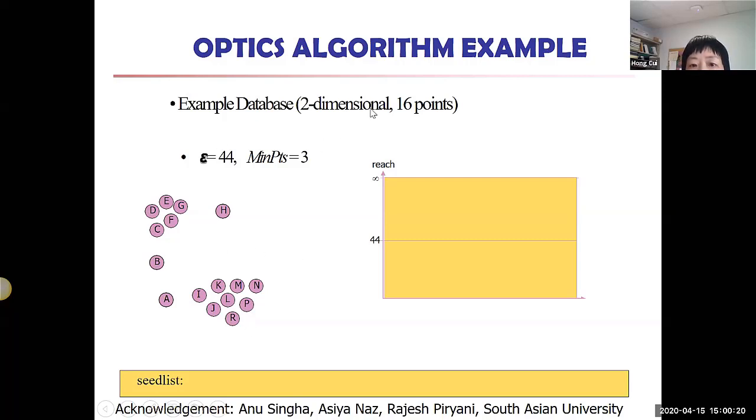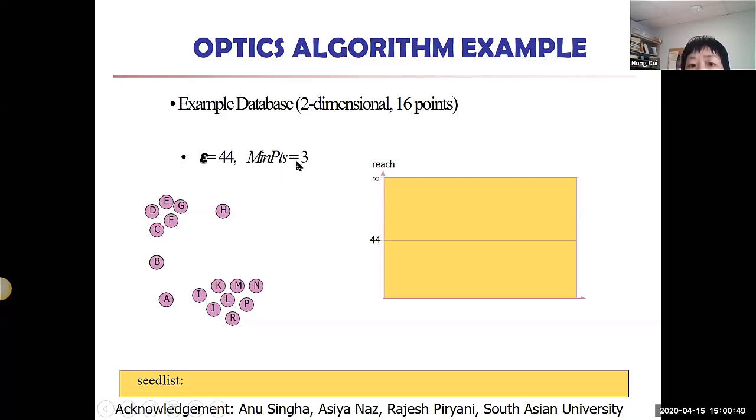It's a two-dimensional data set with 16 points. So we still set an epsilon, and this is not epsilon prime. In OPTICS, we can set a greater epsilon. OPTICS will not be sensitive to this epsilon, as you're going to see shortly.